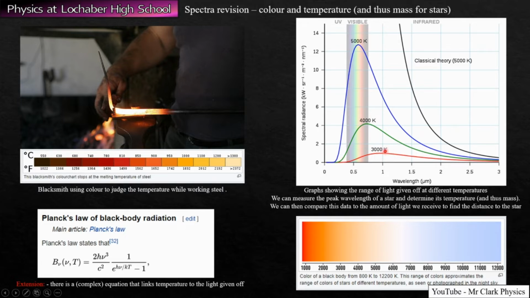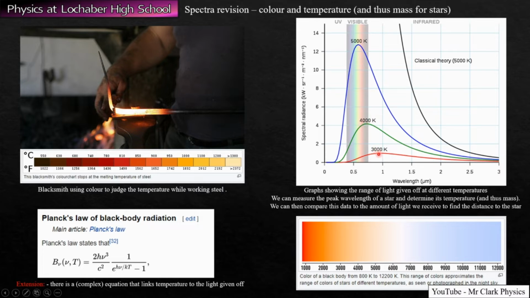If you have a hotter star that's, say, 1000 degrees hotter, well, because it's hotter, the amount of light it gives out at every single wavelength or frequency will be higher. So it gives out more infrared here, more infrared there, more infrared there, but it gives out a lot more visible. So not only is the green curve above the red one, the peak of it has also moved to the left.